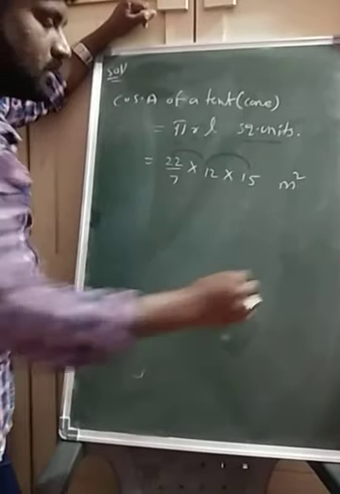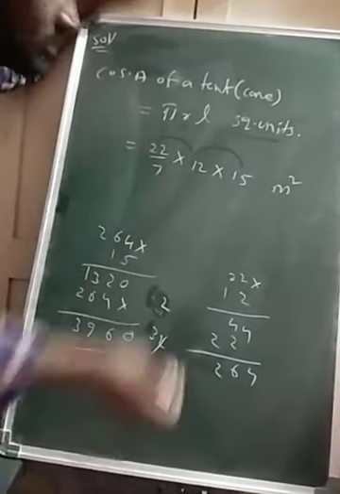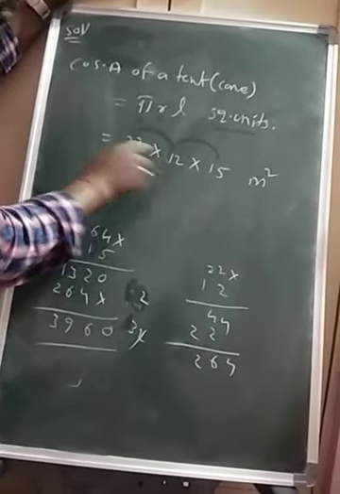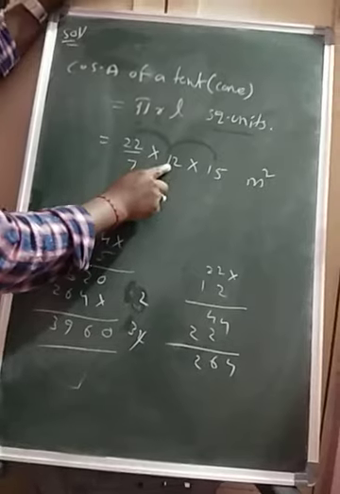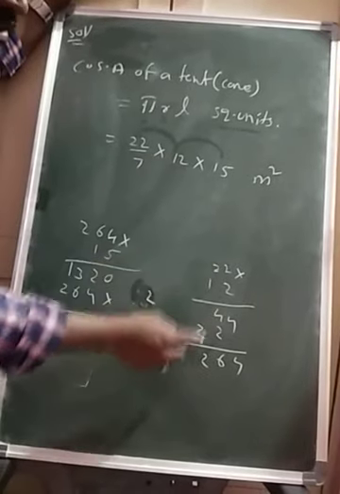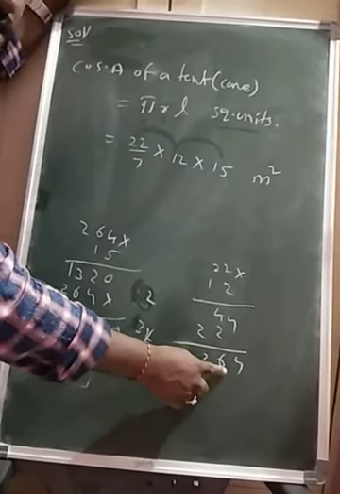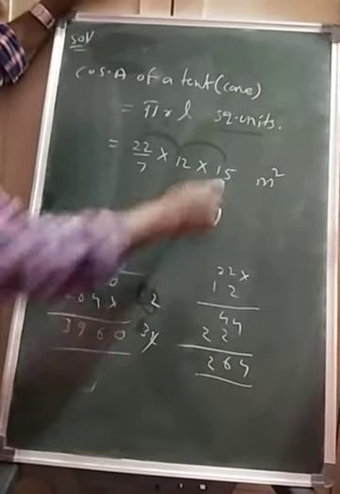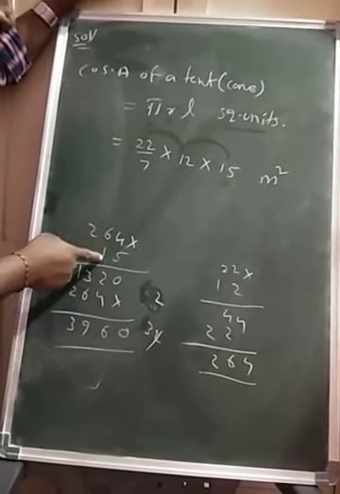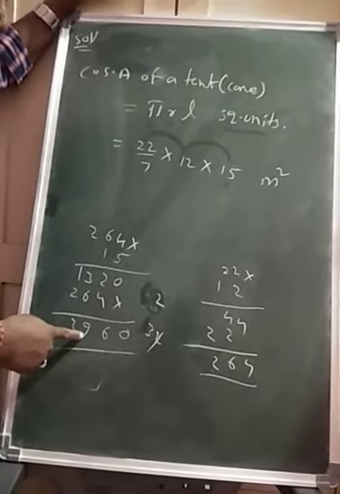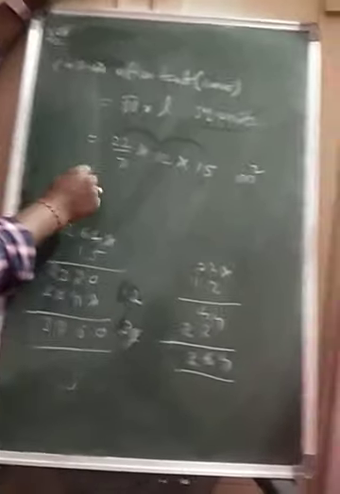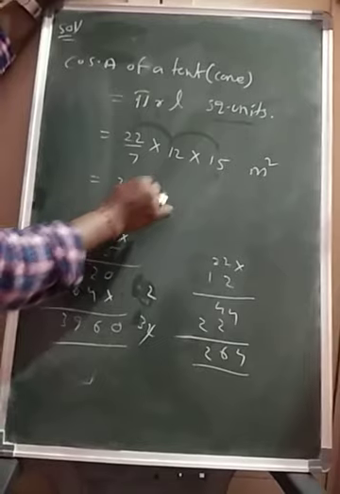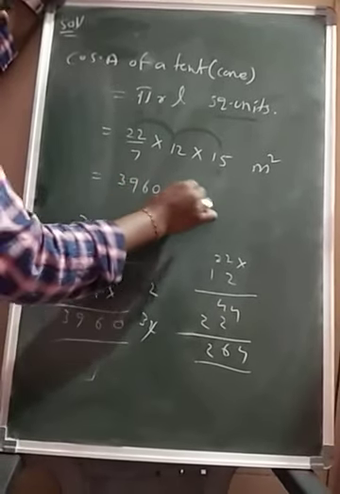Now 22 into 12 is 264. Again 264 into 15 is 3960. So we can write 3960 square meters.